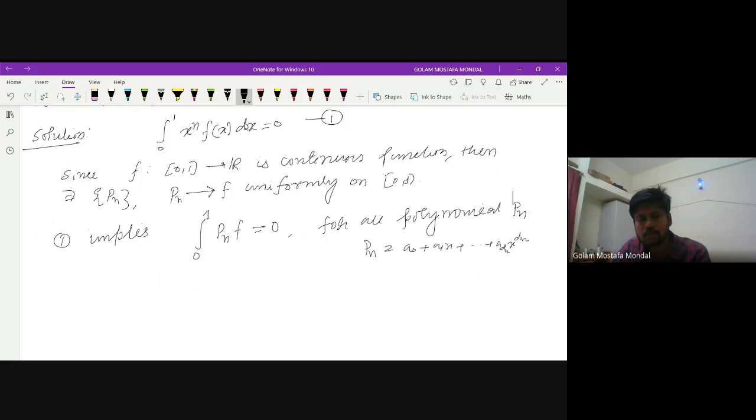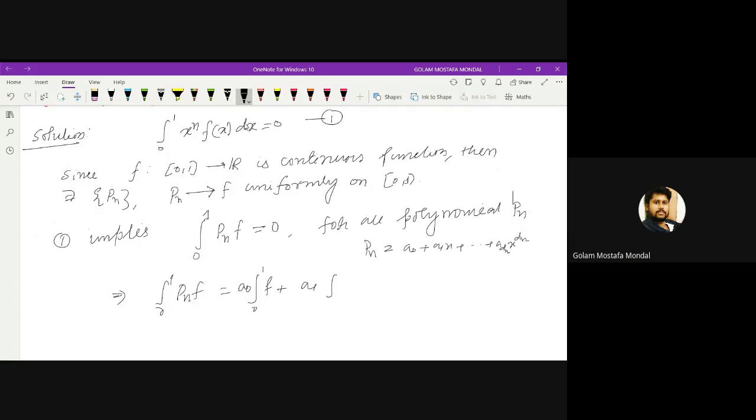And by linearity of integration, we can write this integral of P n f from 0 to 1 as the integral of a0 f plus a1 x f plus dot dot dot plus a d n x to the power d n f.